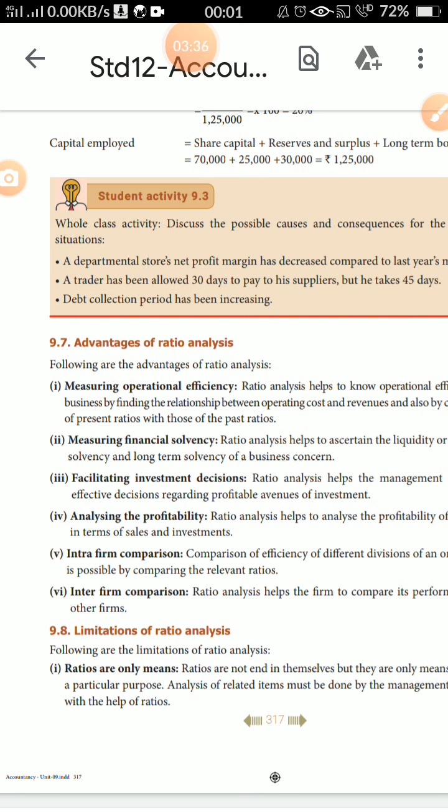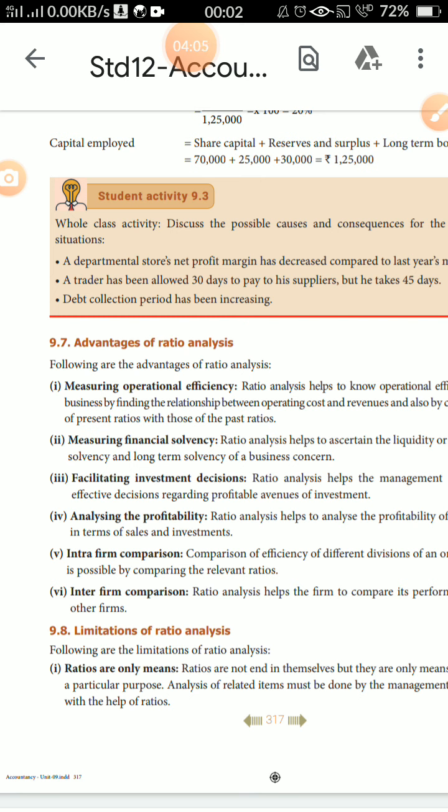That is intra-firm comparison. Inter-firm comparison. Ratio analysis helps the firm to compare its performance with other firms.